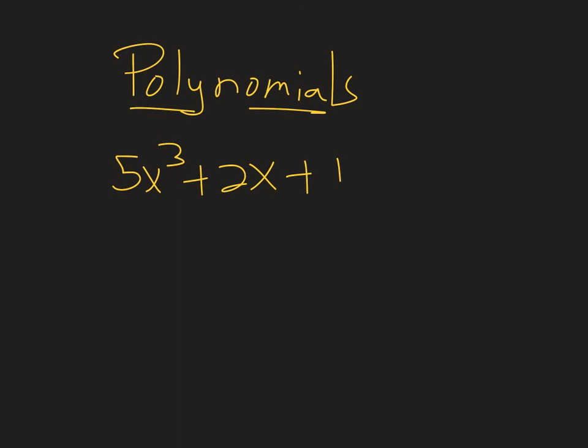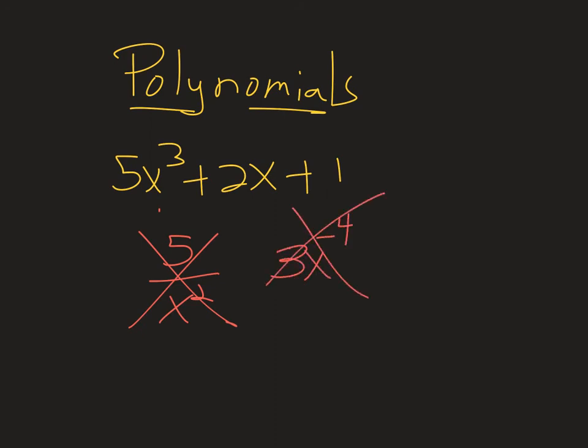So what makes it a polynomial? Well, let's talk about what makes it not a polynomial. If you have a variable that's in the denominator, then it's not a polynomial. If you have something with a negative exponent, like 3x to the minus 4, that is not a polynomial.